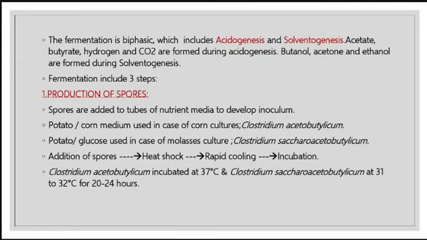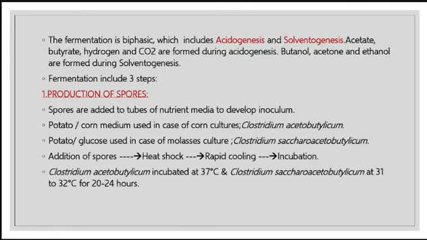Spores are added to tubes of nutrient media to develop inoculum. Potato or corn medium is used in the case of corn cultures and the organism used is Clostridium acetobutylicum. Potato or glucose medium is used in the case of molasses culture and the organism used is Clostridium saccharoacetobutylicum.